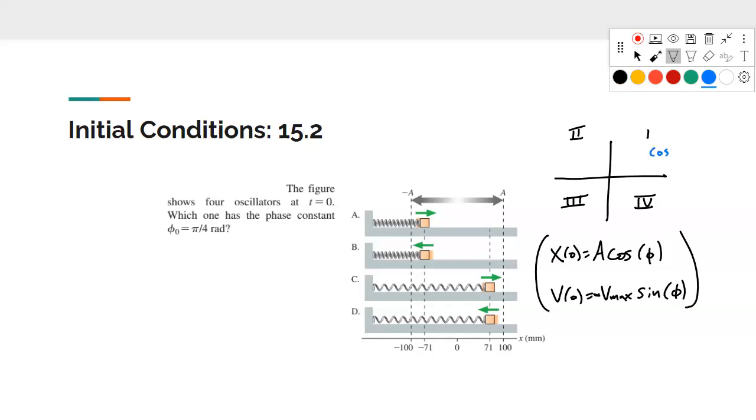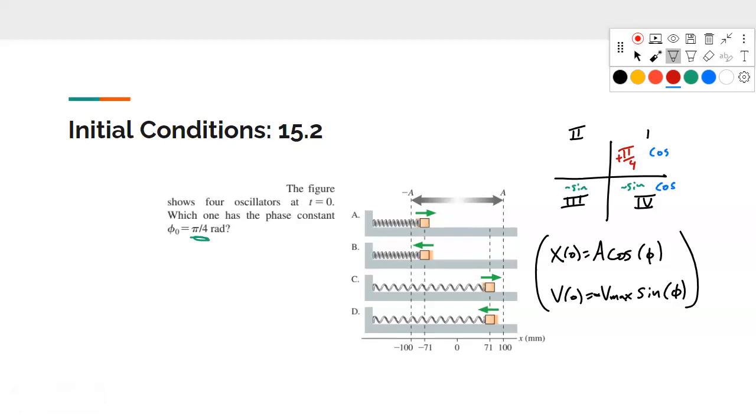So cosine is positive in quadrants 1 and 4. And then sine is positive in quadrants 1 and 2, but this is negative sine. So this negative sign will be positive here in quadrant 3 and in quadrant 4. And so what we see here is that we have an angle phi of pi/4. Positive pi/4 is in quadrant 1. That's a 45-degree angle.